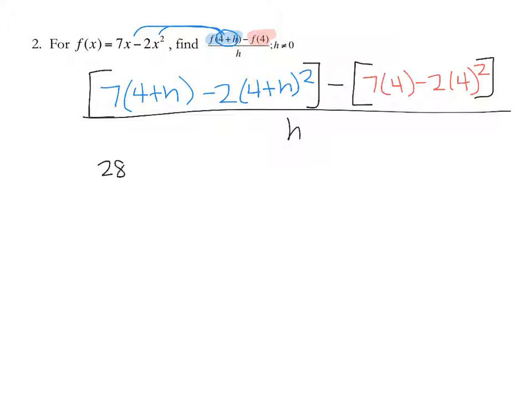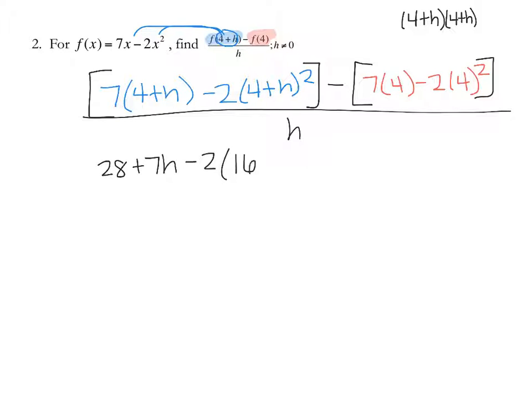So first step is to distribute that 7. In this next one, we can't distribute first because it has a squared. We have to take care of the exponent first. So I need to do, if you need to write it out, 4 plus h times another 4 plus h.